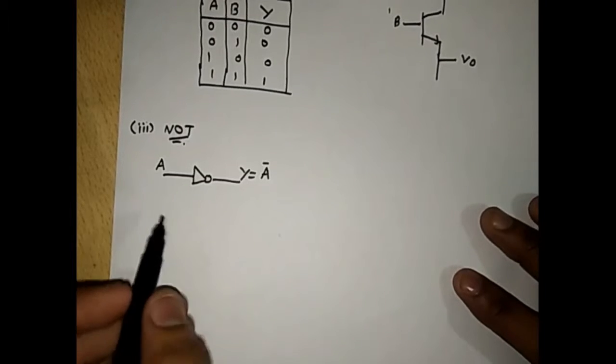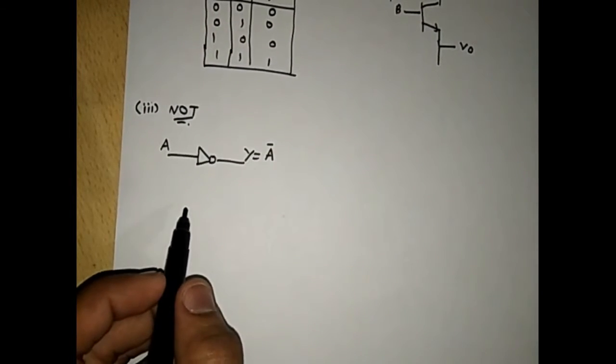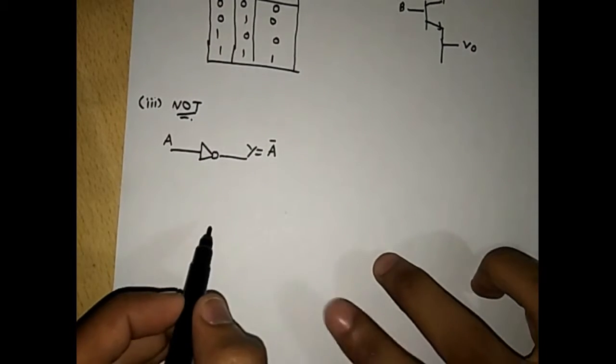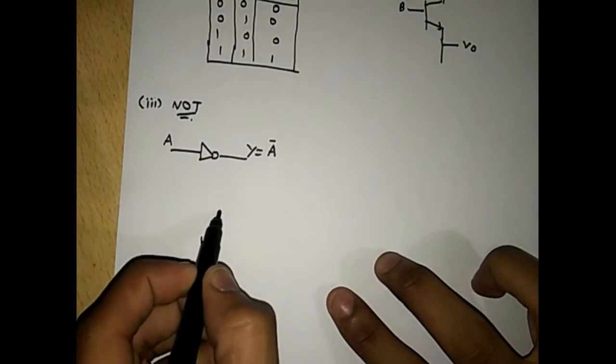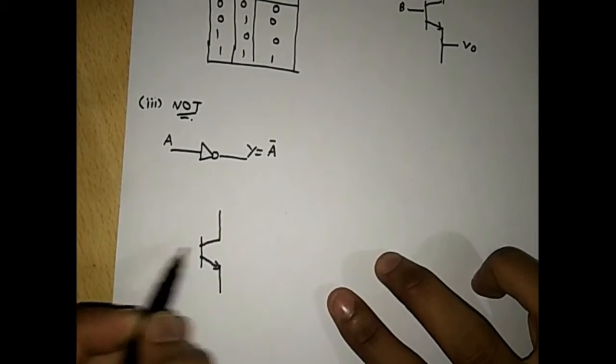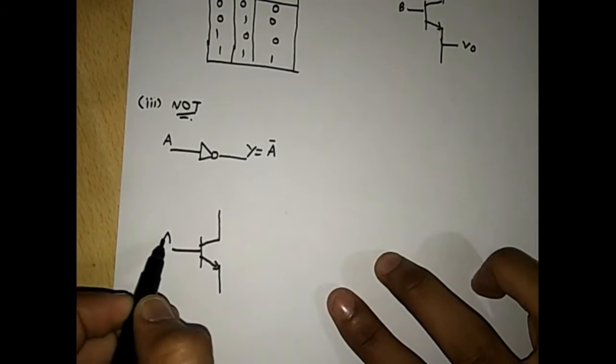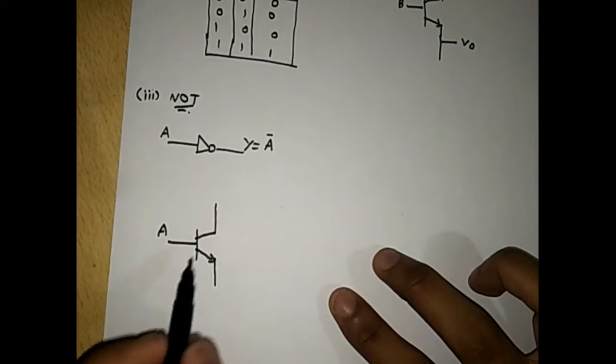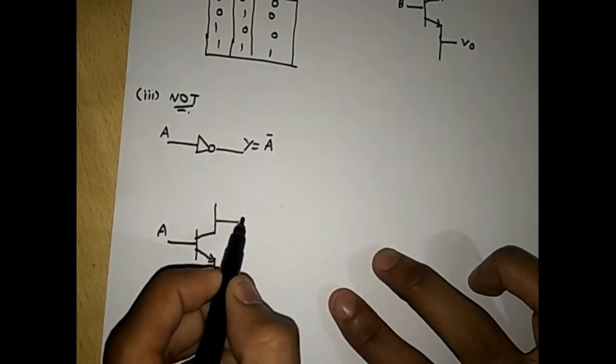Okay, so in transistor mode, we can represent the NOT gate circuit like this, where we have the input A and we are taking the output from this point.